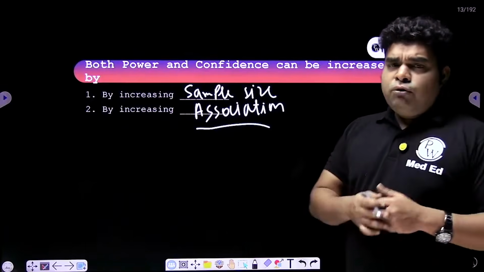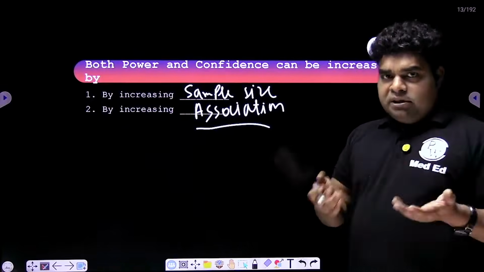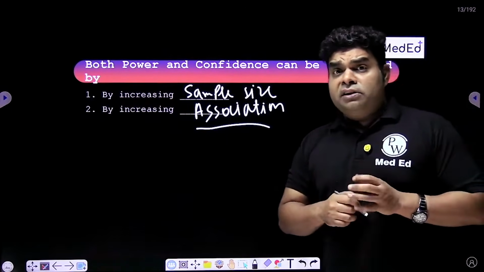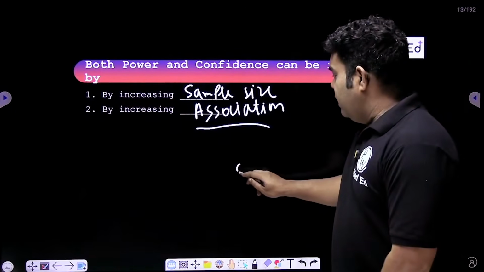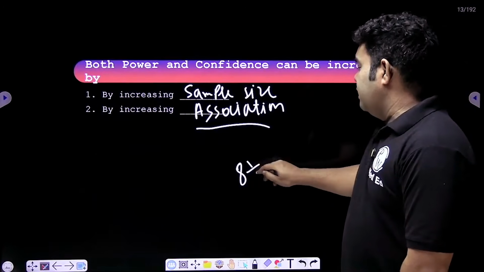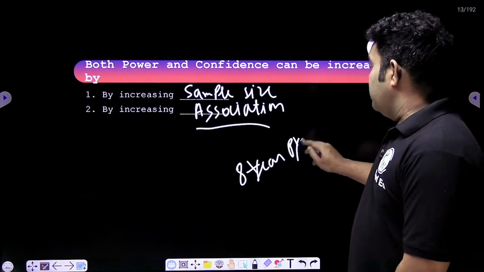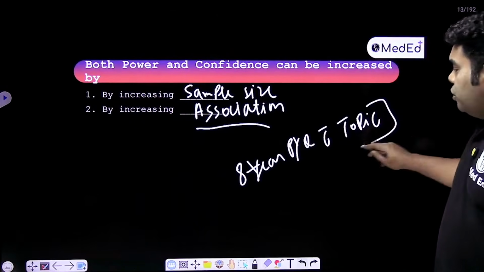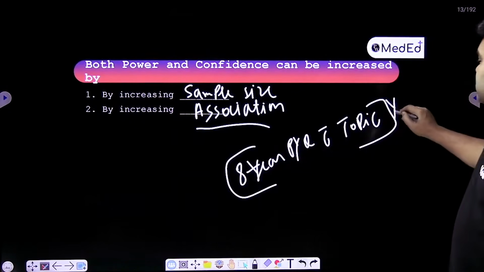Similarly, for your INI-CET or NEET or NMC, whichever exam you are going to give, if you do many previous year question banks, let's say at least 8 years of previous year questions, year wise with explanation and topic, it's better to do it year wise, then all the subjects will be in touch.